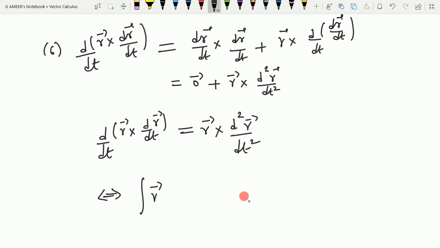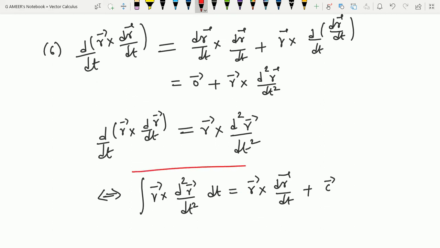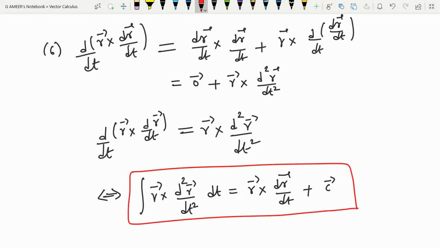The anti-differentiation principle, that is integration of r cross d square r by dt square dt will be is equal to r cross dr by dt plus, of course, constant, that is a vector constant. Okay, remember these results are important conclusions for us. Okay, fine. Let us go for the next result.